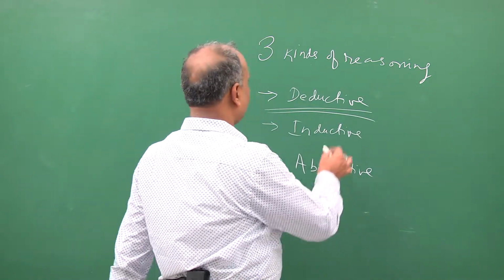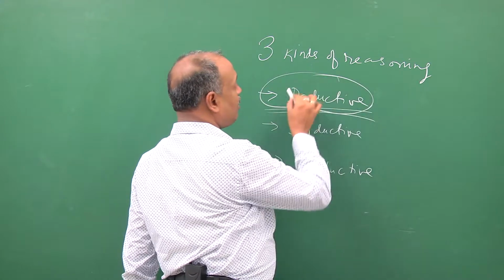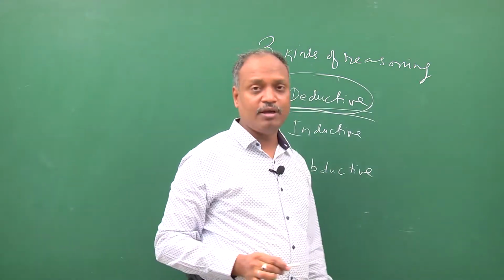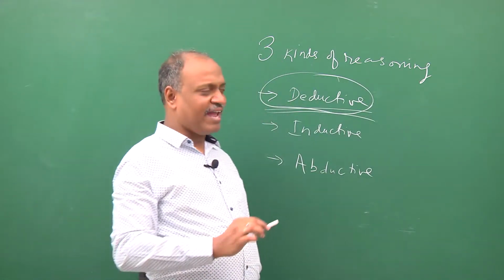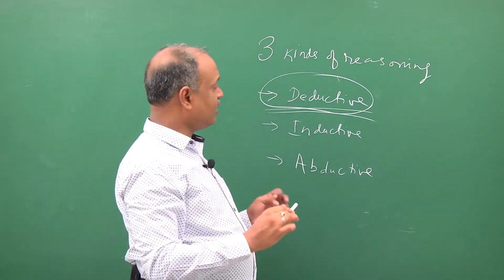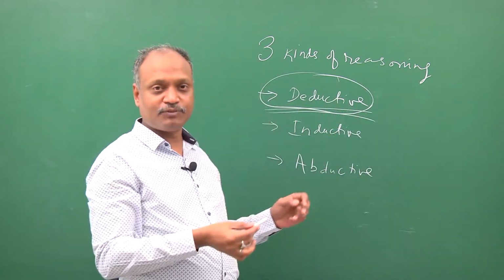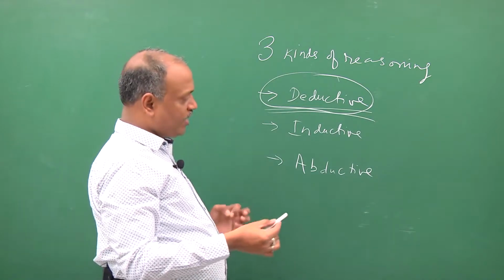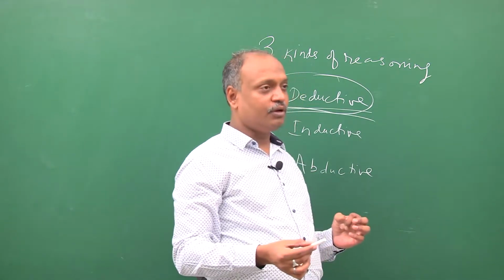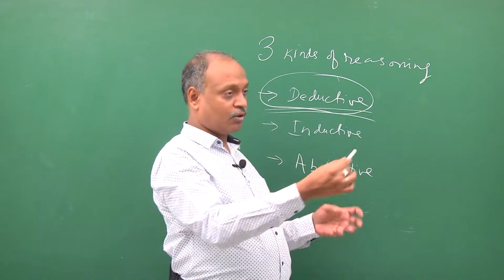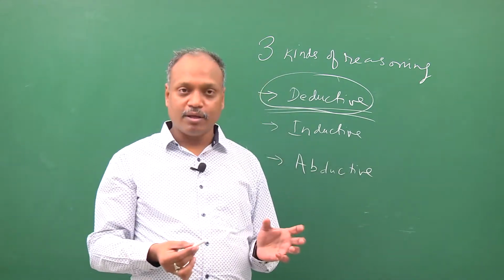So, for example, we can say that we observe any bird typically has a capability to fly, right? And then you find out that the crow which is sitting on your balcony is also a bird.